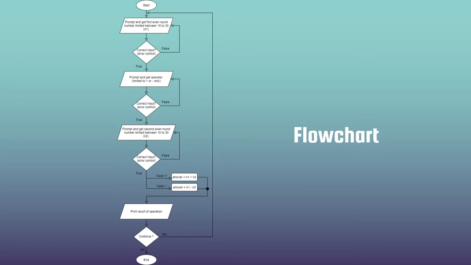From here, the answer is already calculated and it will print the result of the operation. After printing the result, it should prompt the user to either continue or exit the program. If the user chooses to continue, it will go back to the loop to repeat the calculation. But if the user chooses to exit, it will immediately end.